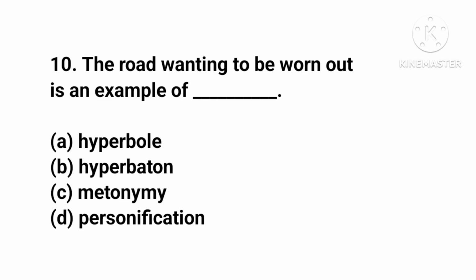Very good. It is a personification. Why is it a personification? Because we are attributing human-like qualities to the non-living road. The road is wanting, it is desiring. So it has been given some sort of a feeling.